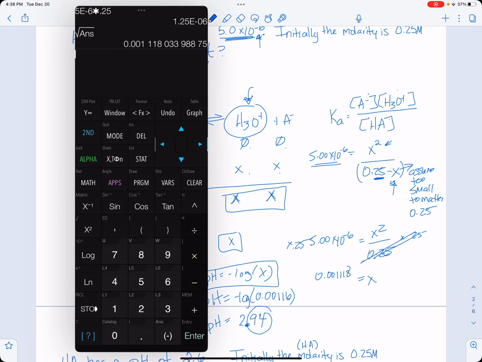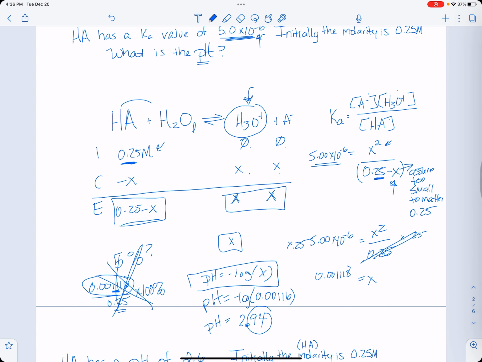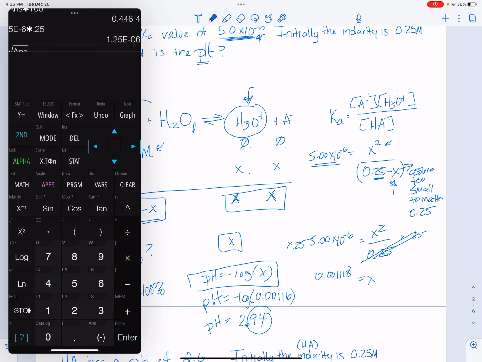So it's telling me that x is 0.001118. First of all, look at how close, just assuming that x didn't matter, it is to this number right here that we actually calculated, literally. It's very, very close. The difference is way out in the 1, 2, 3, 4, 5, 6, 7th decimal place. So that's a good one. Now let's just take the pH of it.